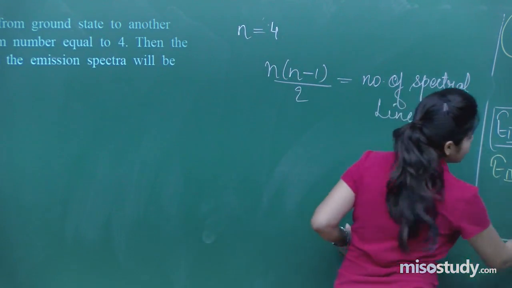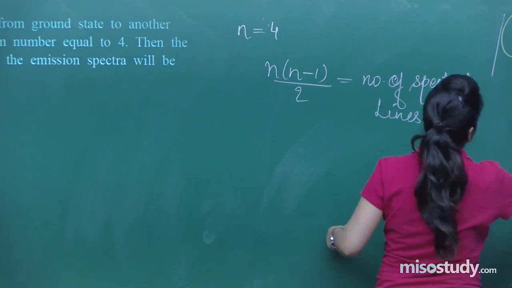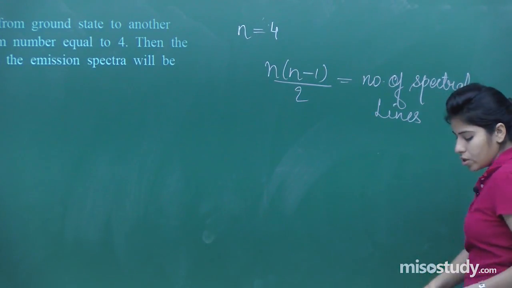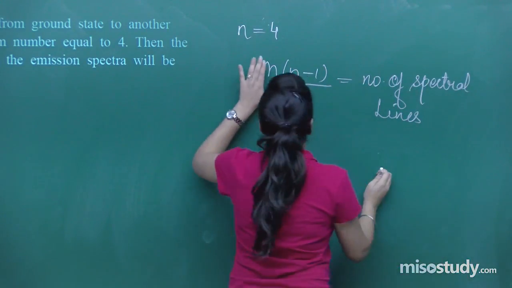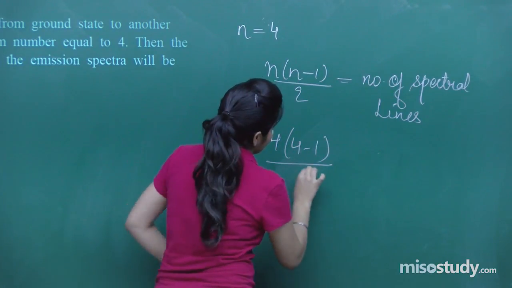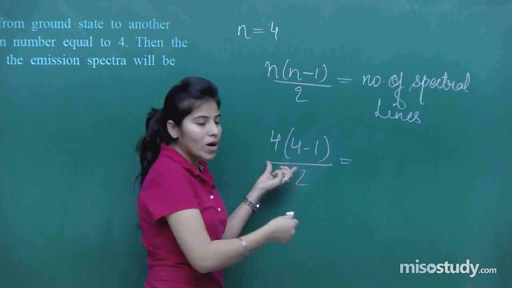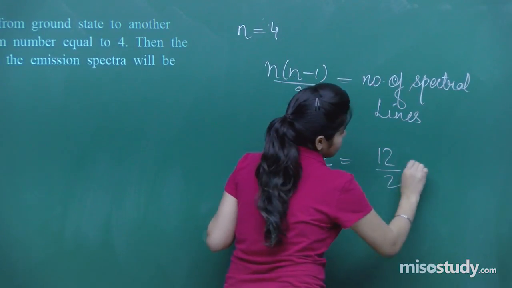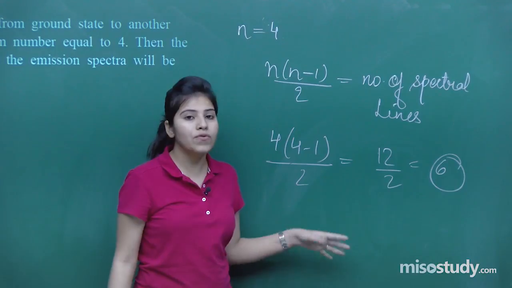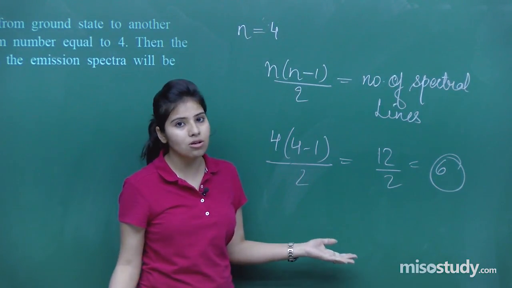So, we are going to put the value of n, because we have been given this value. Here your n is 4. So, put 4 into (4 minus 1) divided by 2, that is 12 by 2, that means 6. So, your number of spectral lines is 6. If you know this formula, you can easily solve the question.